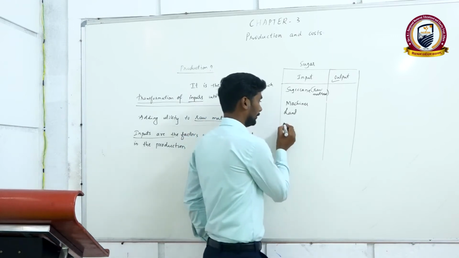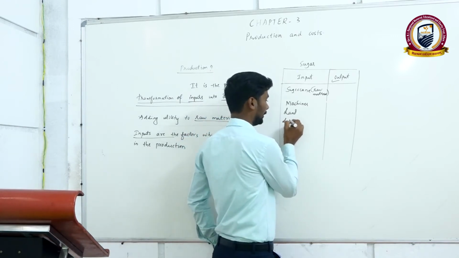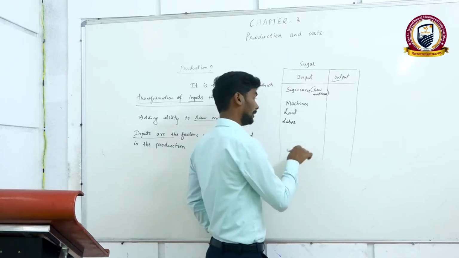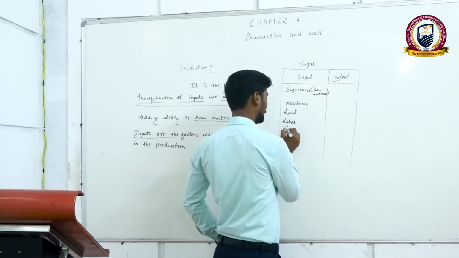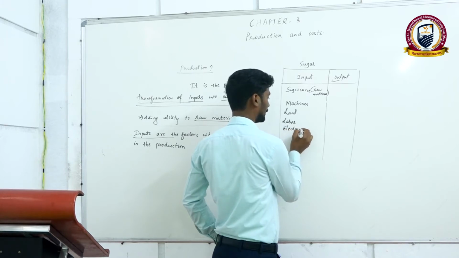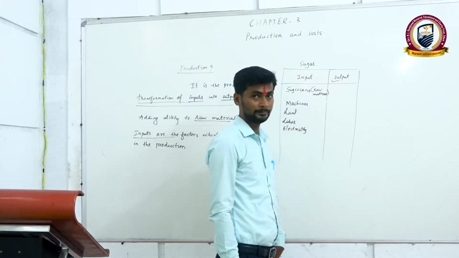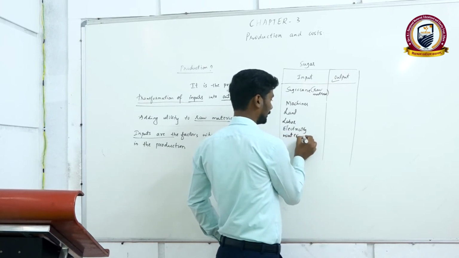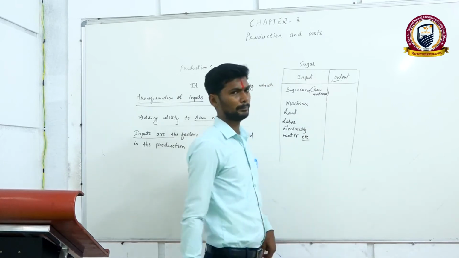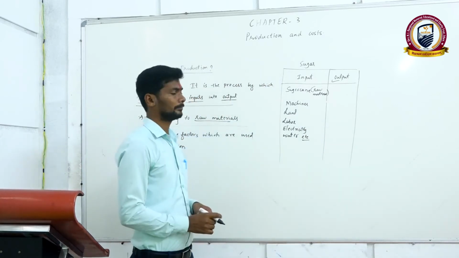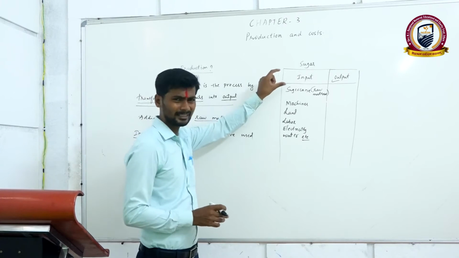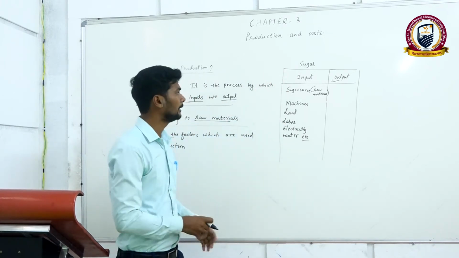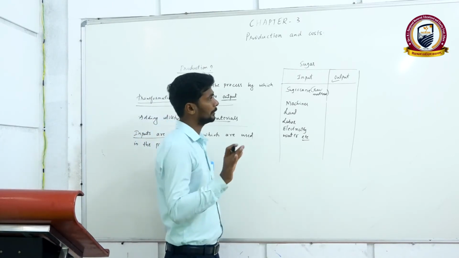And then land required, labor required. Without labor, it is impossible to produce goods. Then what are other factors? Electricity is required. Nowadays, the role of electricity is very important. And what else? Water, etc. You can add some other inputs to produce sugar. I just took an example. Sugar is a good.